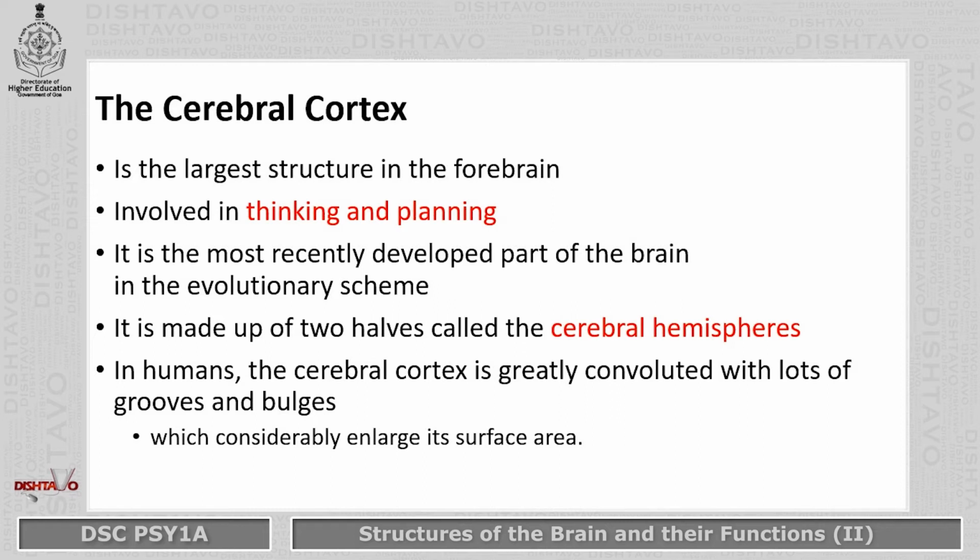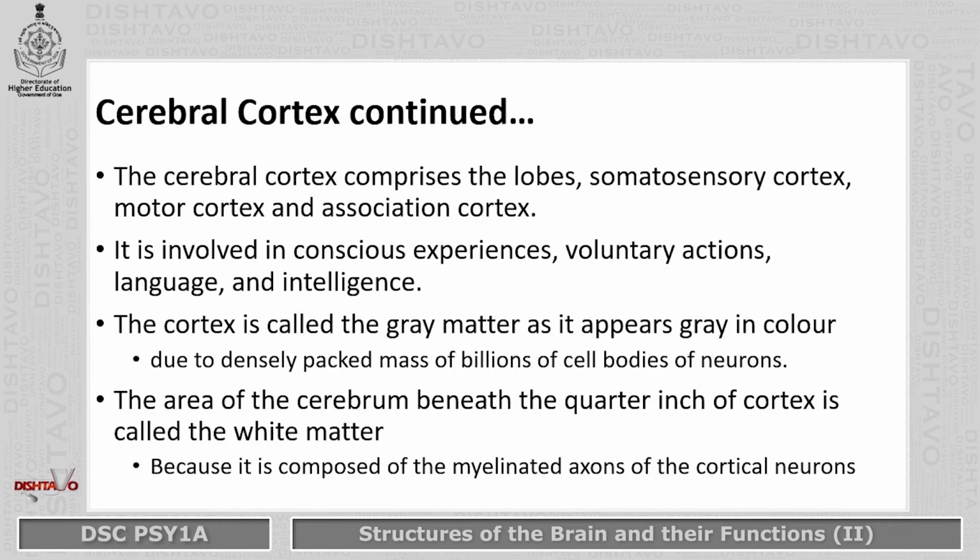If you take an ironed out cloth and spread it on that area, you will probably have just that amount of cloth. But if you have no restriction and you can fill in that area with a lot of cloth crumpled together, well, you have a larger piece of cloth now. That's exactly what happens with the cerebral cortex. Because it is convoluted with grooves and bulges, it has a larger area in the same space.